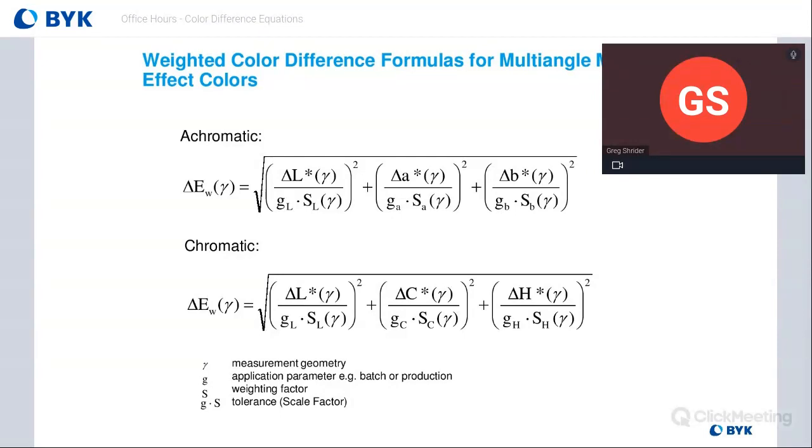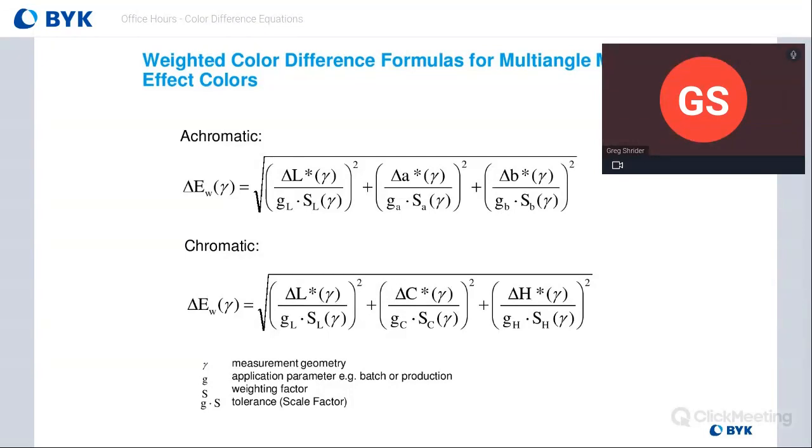You can have different tolerances, and you can actually have different application parameters for batch tolerancing or raw material work, or production tolerancing, which would be finished product work. And again, you have this achromatic and chromatic equation, and many of these equations can switch based on angle.